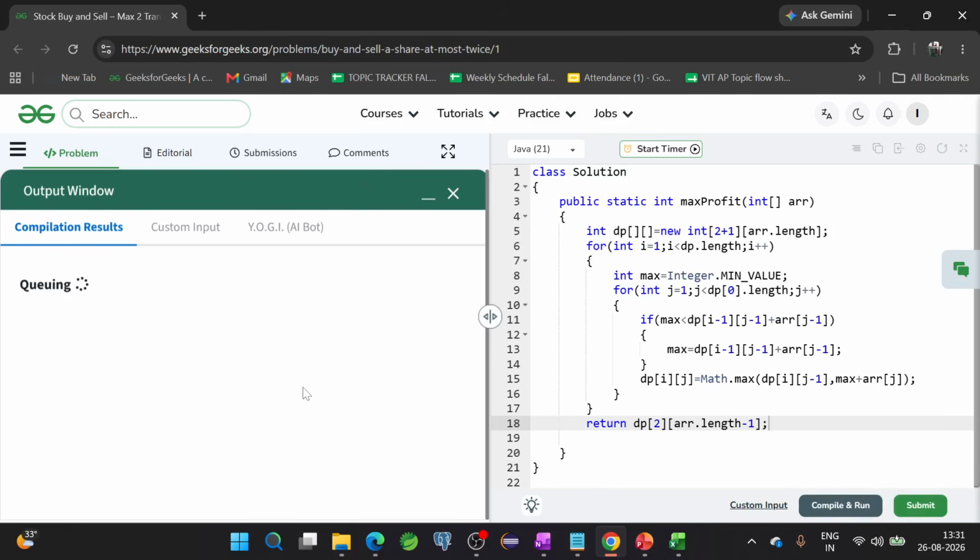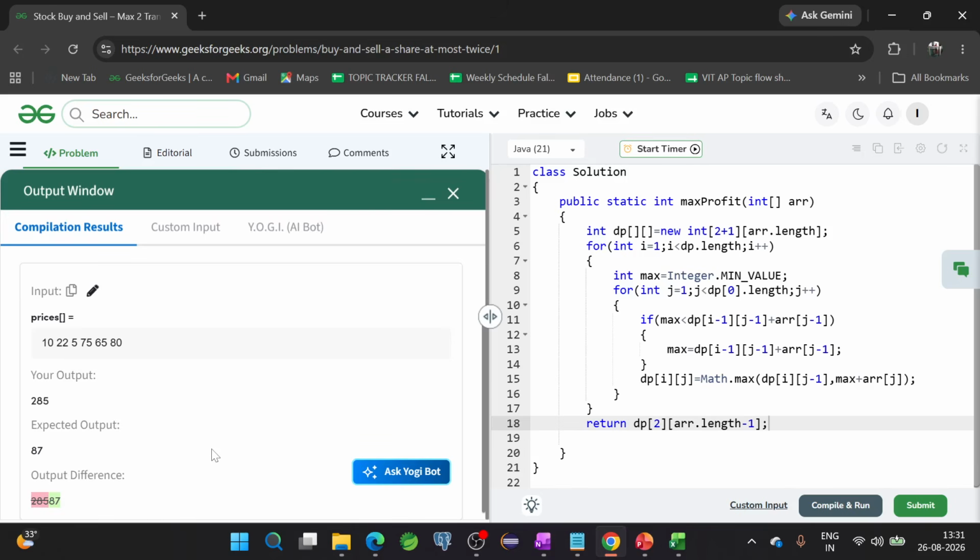let me check. No, we are not getting the expected output. So from where are we lagging? For int i equal to 1, i less than dp dot length, int max equal to Integer MIN_VALUE, j equal to 1, j less than dp of 0 dot length, j plus plus, max equal to dp of i minus 1, j minus 1 plus array of j minus 1.